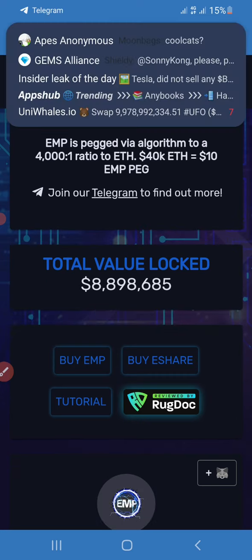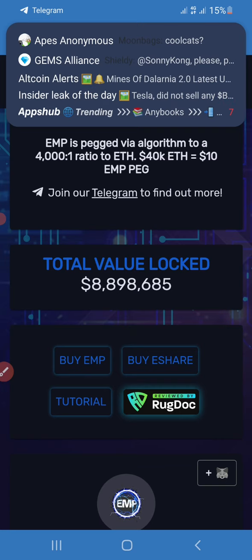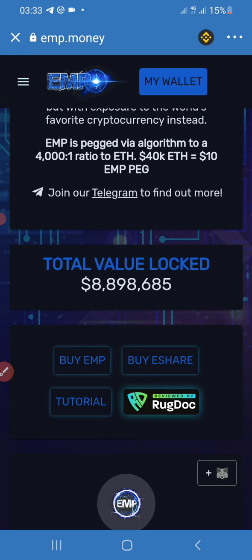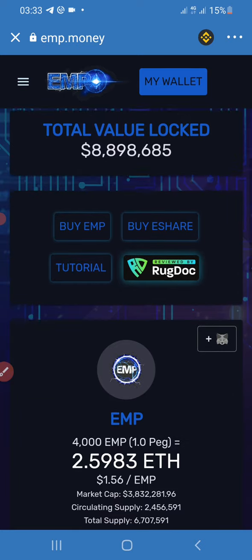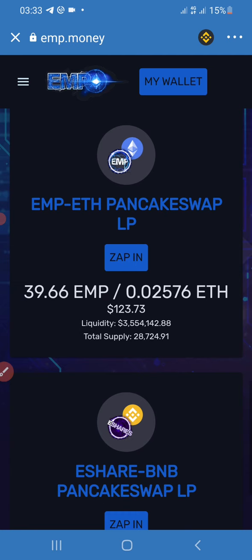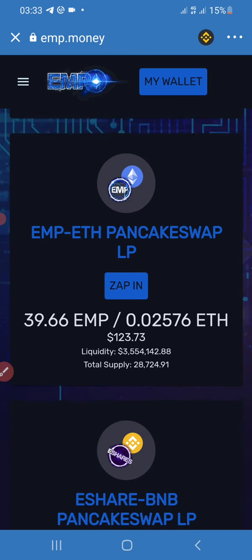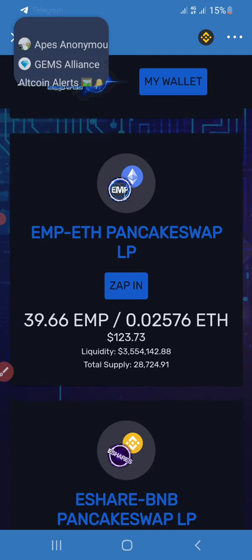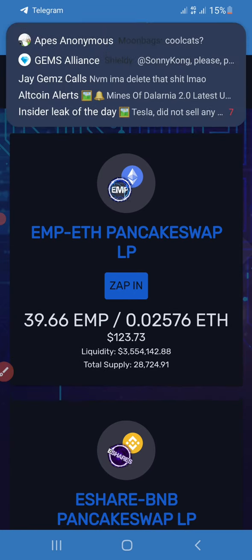That's why, if you check the platform right now, a lot of people are at the farm. They are using liquidity farming. There are different liquidity farms on the platform. There is the EMP Ethereum PancakeSwap LP.